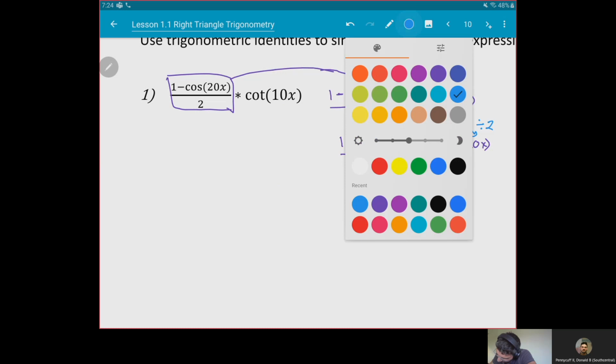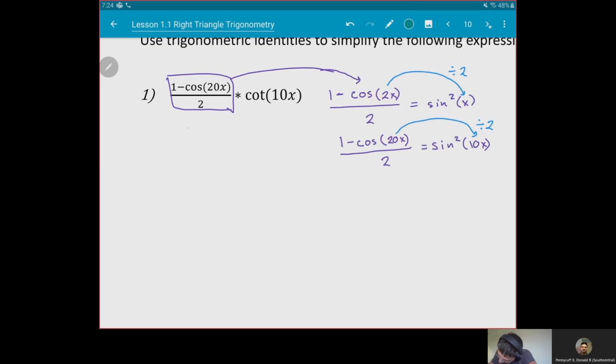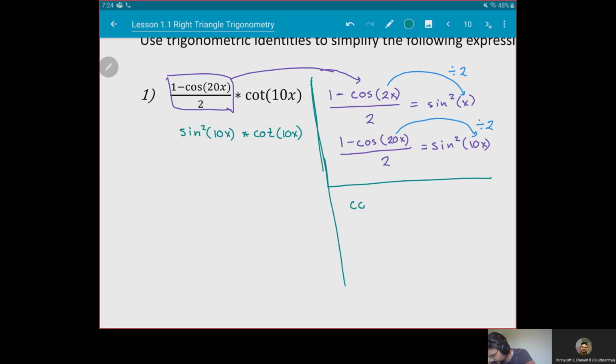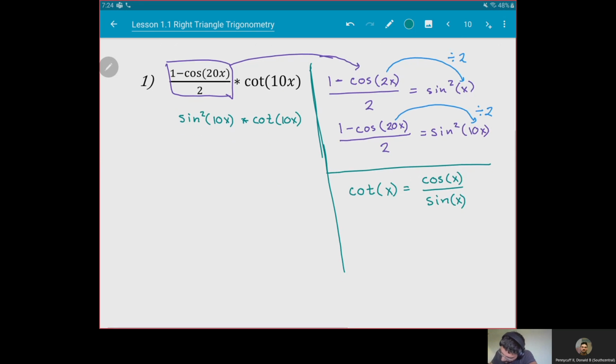Okay. So let's plug that in. So that's going to be sine squared 10x times cotangent of 10x. Okay. Now there's another formula that I want to remind you guys of. And that formula is cotangent of anything is equal to cosine divided by sine. And so I can try to simplify this down a little bit more.